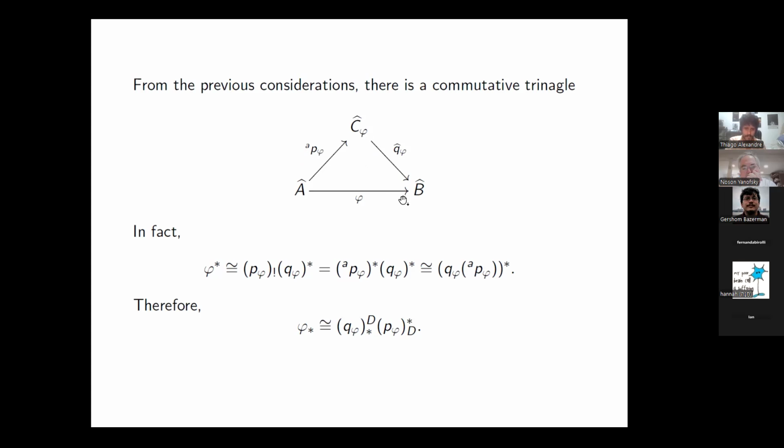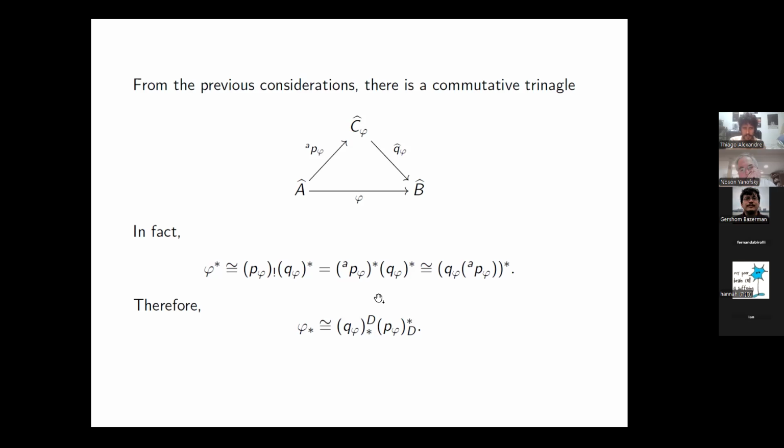So we can factorize any geometric morphism in this way. And in fact, here I show why. So this is a way to present a geometric morphism.